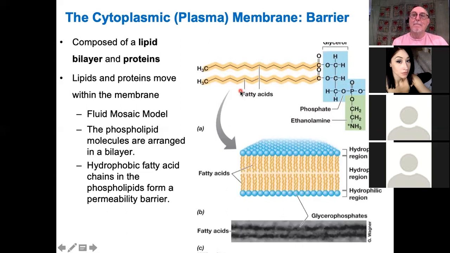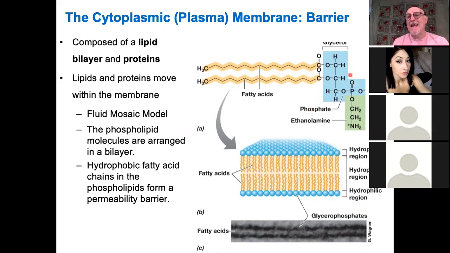So this molecule has a very strange composition, because these lipid tails here are strongly hydrophobic. They repel water and are repelled by water very powerfully.